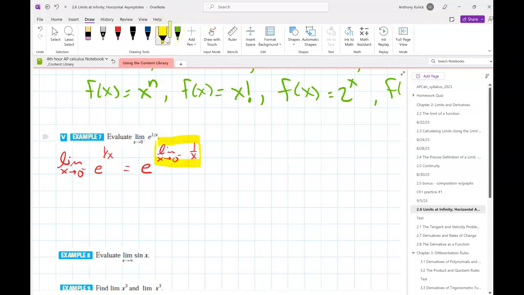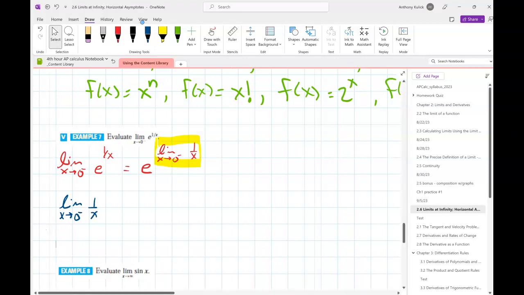If I know what to do with this, I should be okay. So let's figure out what's going on with that part. Again, I can't do direct substitution on this, because it's a 1 over 0. What would I do?